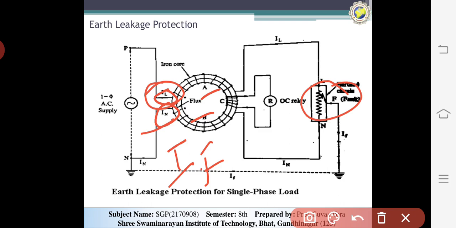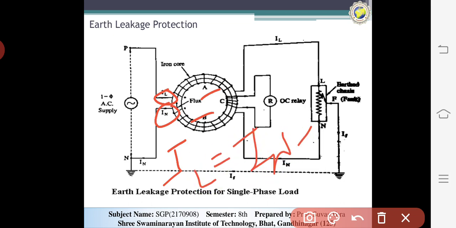So the line current IL is equal to the neutral current plus the fault current.